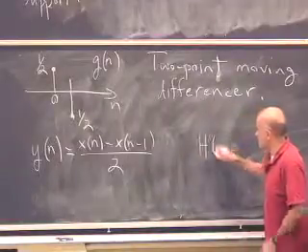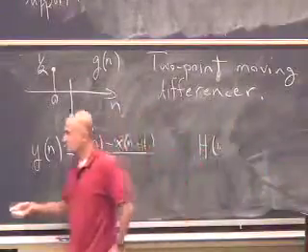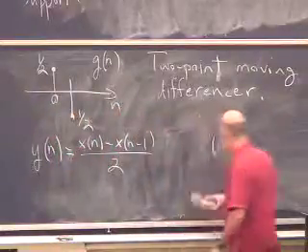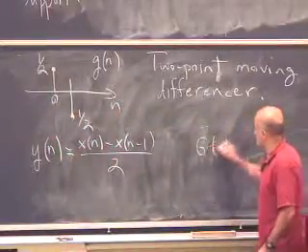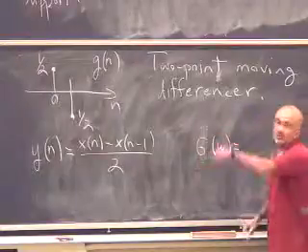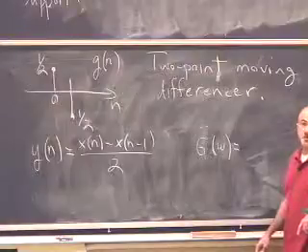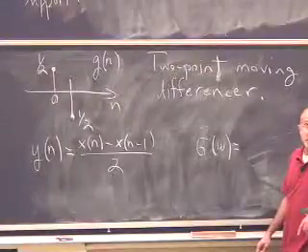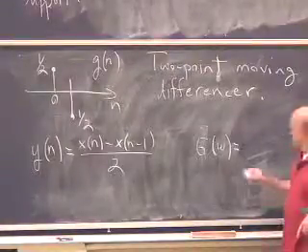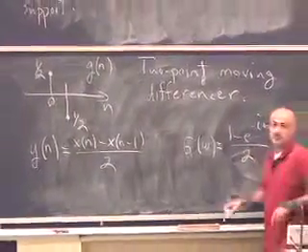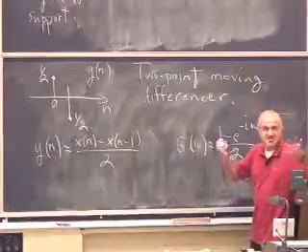H of omega and G of omega will be related to the other one. How? The other one was 1 plus e to the minus i omega over 2. This one is 1 minus e to the minus i omega over 2. Mathematician's joke, remember?